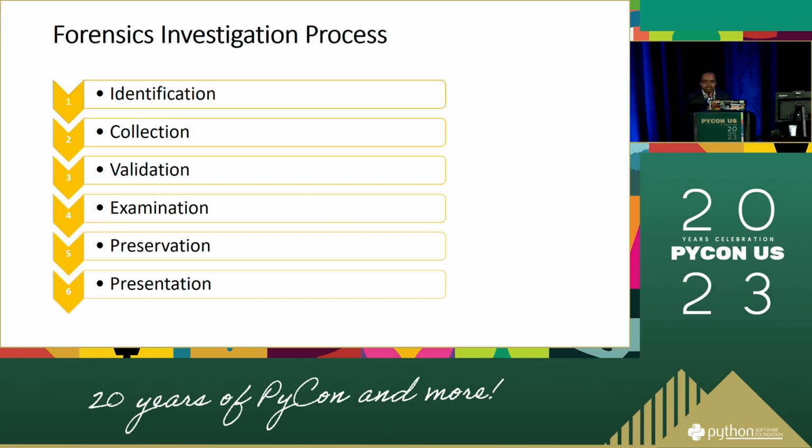So there are basically 6 steps in the forensic investigation process. The first one is identification. In identification, the investigation officer visits the crime scene and tries to identify the different clues. In the second step, the investigation officer collects the different objects.